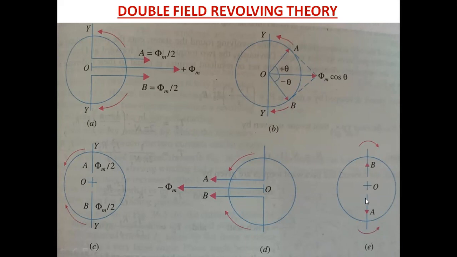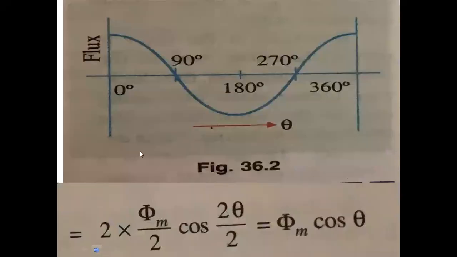If you plot the values of all these resultant fluxes against theta, from theta equal to 0 to 360, we get a curve. See here, this is the curve we are getting.